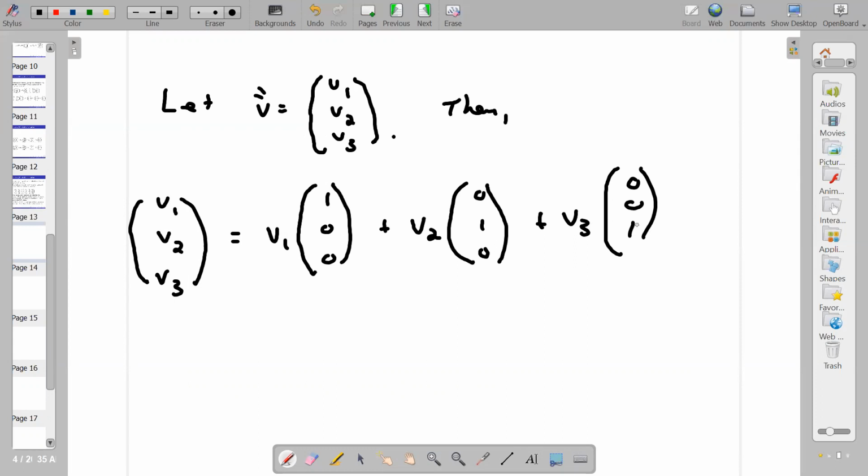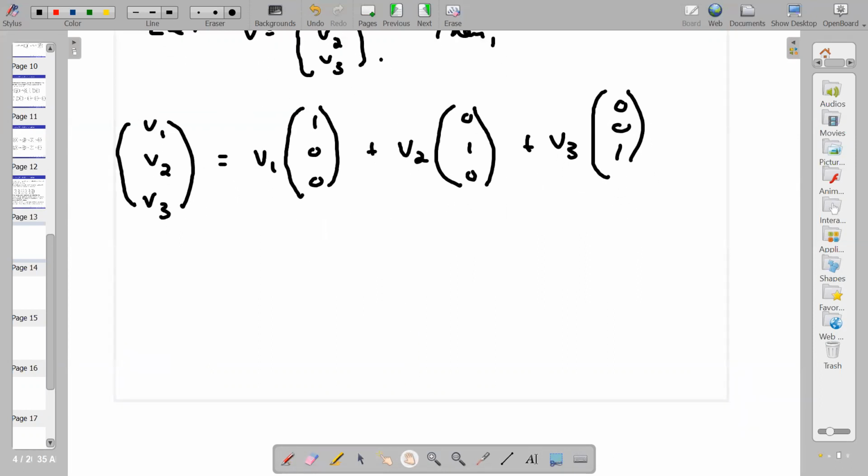Now it turns out that this linear combination is unique, when you're dealing with that set of vectors, the set of vectors that are in the braces in that slide. This is sort of a minimal set of vectors. This is an example of a basis for R3.